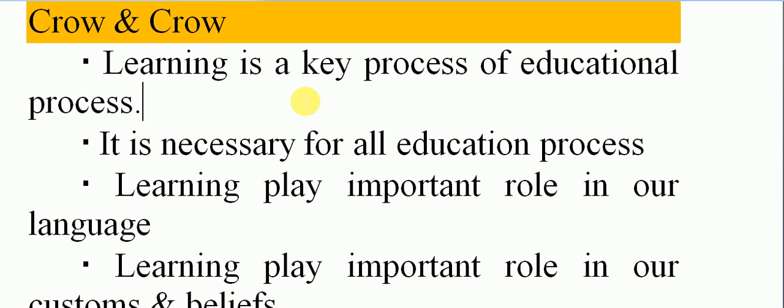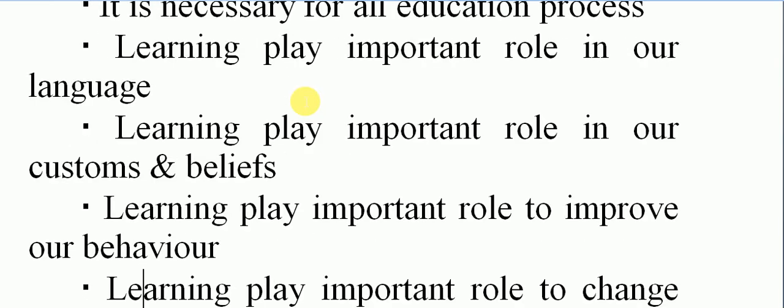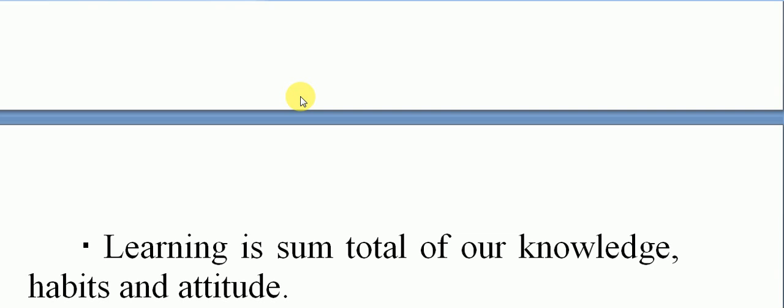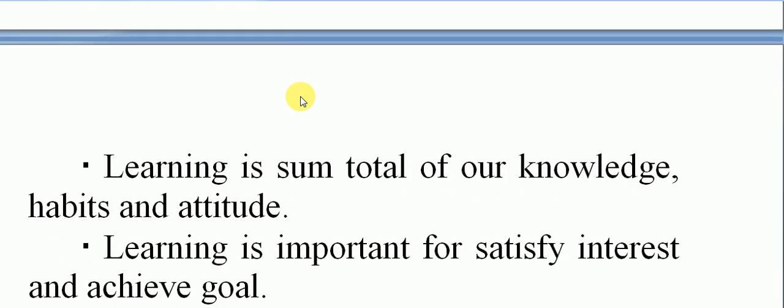Learning is the whole process of education. We also have to write the role of learning: it plays an important role in our language, belief, custom, behavior, attitude, habit and knowledge. It also satisfies our interest, and it is important for the achievement of our goal. So this is the definition of learning.